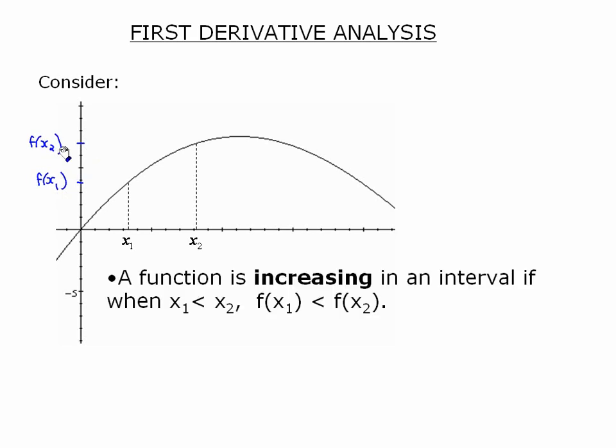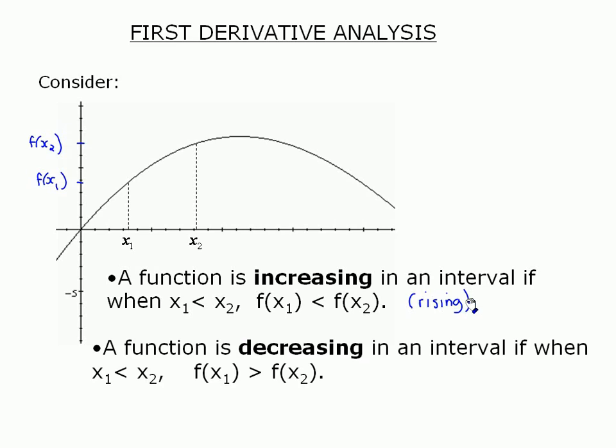Then make what appears to be a fairly obvious point that a function is increasing in an interval if, when x1 is less than x2, which it is in this case, f at x1 is less than f at x2, which it is in this case as well. So we would say that this is an increasing function. Now most people, when they inspect a graph, would come to the same conclusion without any of the fancy talk. They would say it's rising, so therefore the graph is increasing. And that really is all you have to keep in mind.